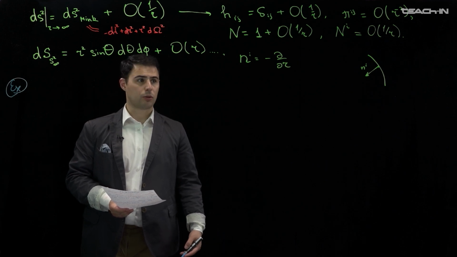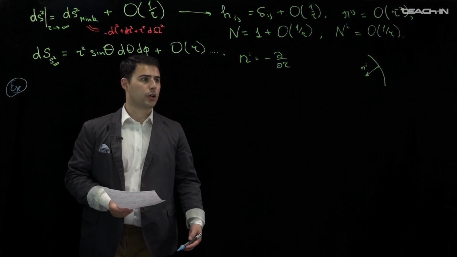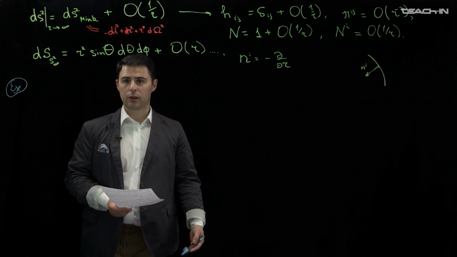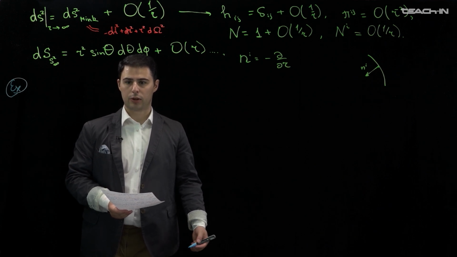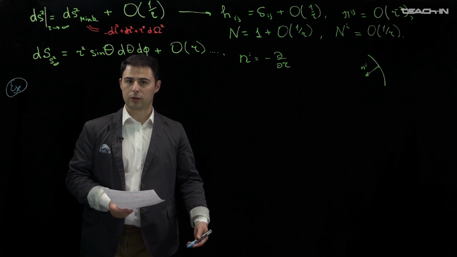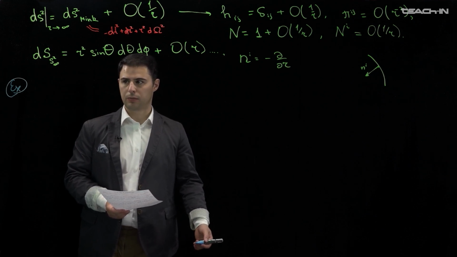One can see that, using our fall of rates, the second type of the terms is subleading, that is, vanishes at infinity.